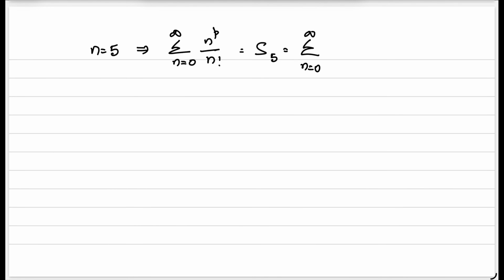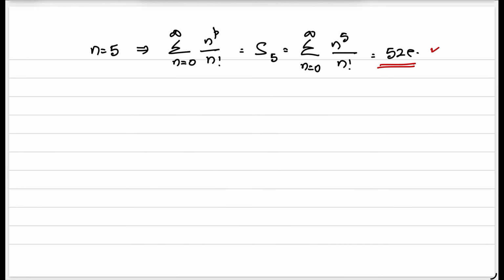Similar way, you can find out n is equal to 5 implies sigma n is equal to 0 to infinity n to the power of 5 by factorial n, that is equal to S5 is equal to 52e, which I have asked in the previous example. If you see, I have asked you to calculate.